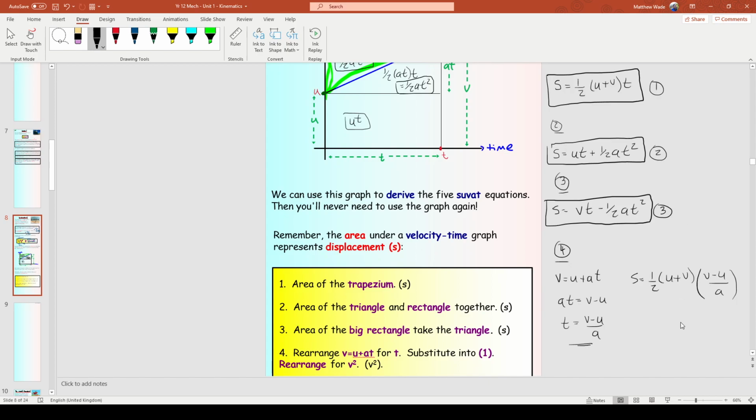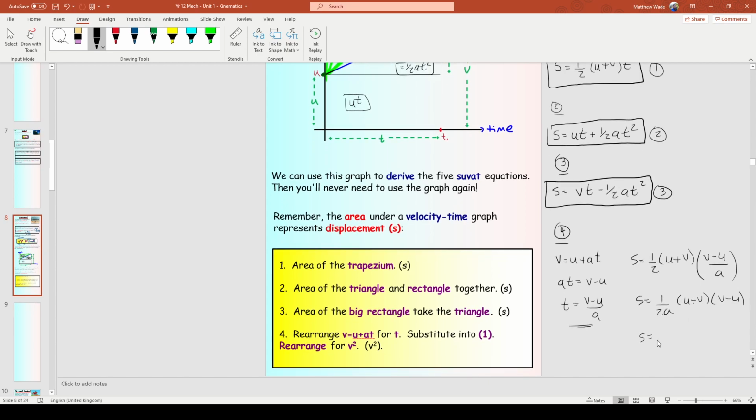Cool beans, my buddies? Which means s equals, and here we go, how do we want to do it? We're going to go 1 over 2a, so I'm smushing the fraction parts together, and that just means that on the top, I'm going to have u plus v times v take u. Cool? So the bottoms are that, the top is that. S equals, and let's do it.